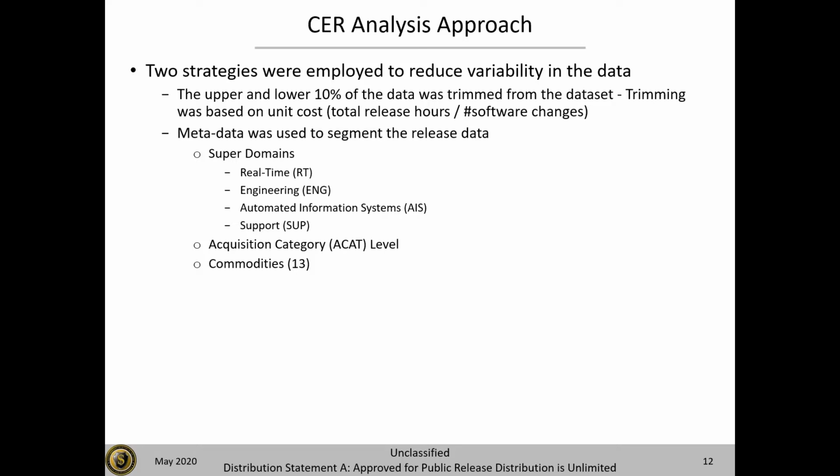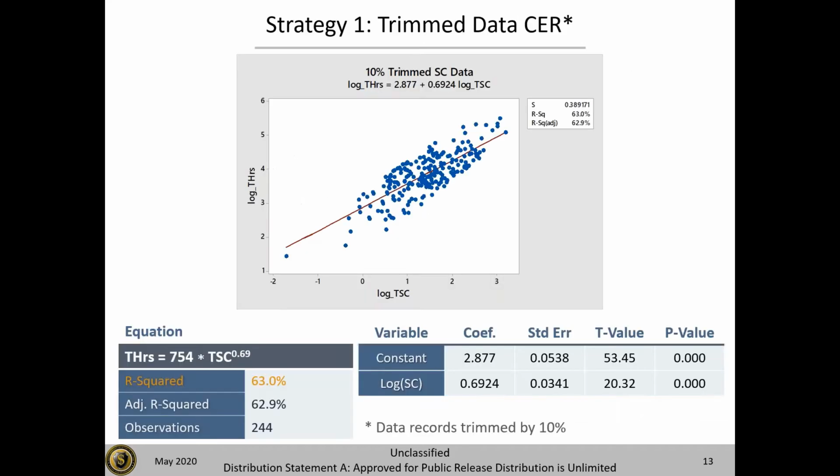And then we segmented it into the various categories that we identified as being important: super domain, acquisition level, and then commodities. With just the trimmed data, you can see a pretty significant improvement in the R-squared. We went from 37% to 63%, so we're already getting better data.